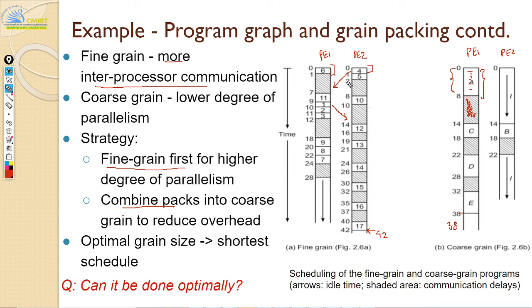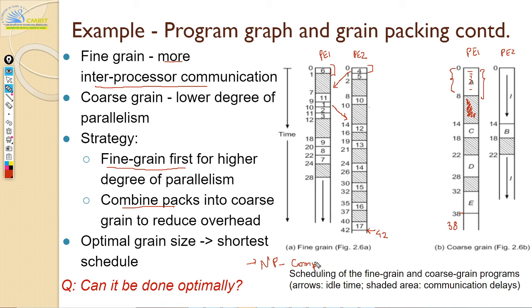You have to work on multiple combinations of these, and then you need to have some kind of a heuristic to do this. And if you've learned algorithms, this particular problem, the optimal scheduling of these parallel instructions, is actually NP complete.